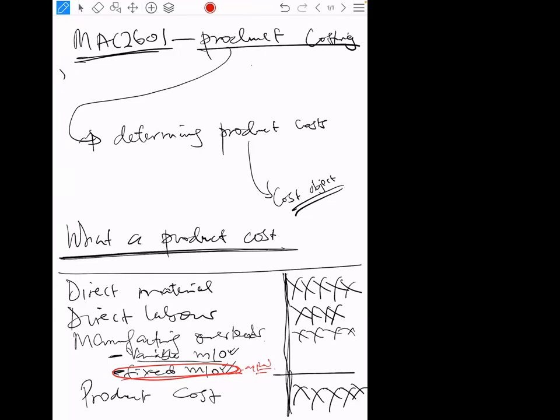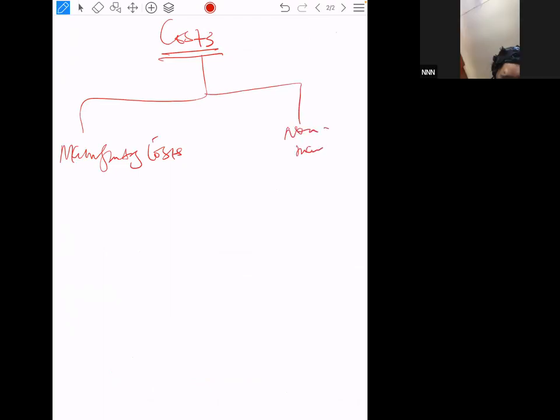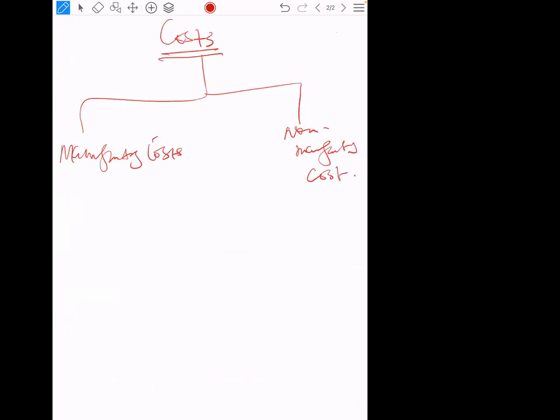Right. But now, this being MAC, we look at all the costs. We look at both the manufacturing costs as well as the non-manufacturing costs. I want you to understand this thing, good people.